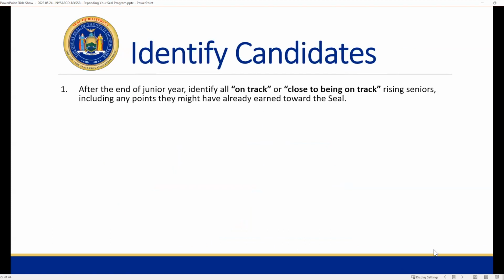So let's begin that identification now that we know what those 4 eligible categories are. After the end of junior year, we're asking you to identify all students who are either on track or close to being on track that are rising seniors by identifying any points they might have already earned towards the Seal.